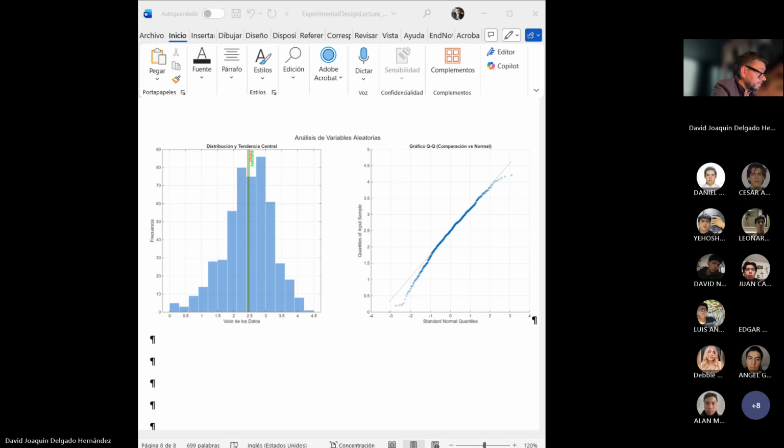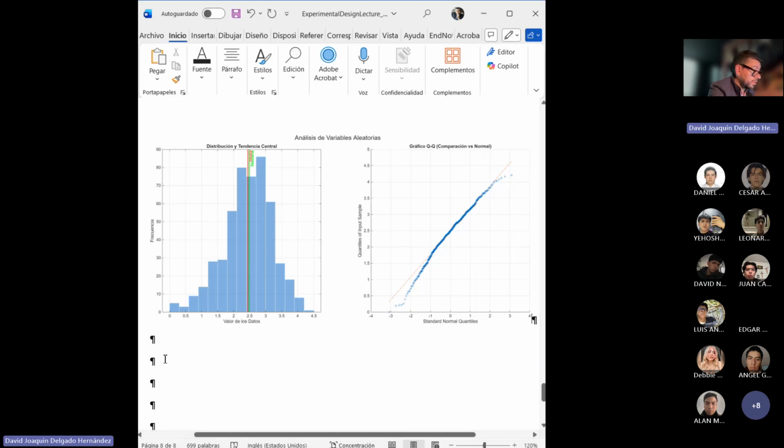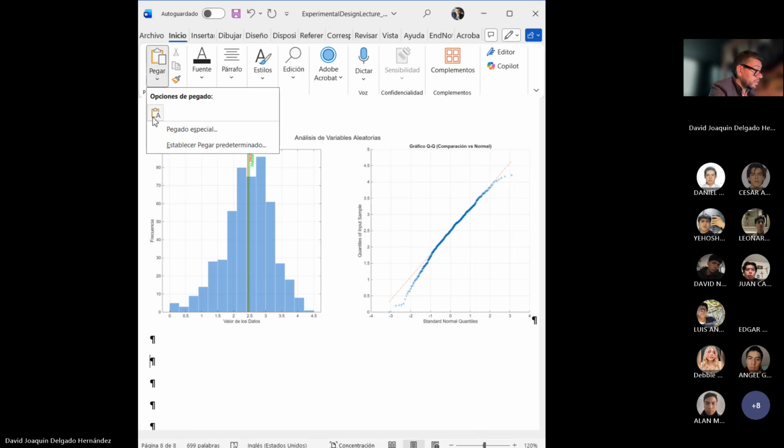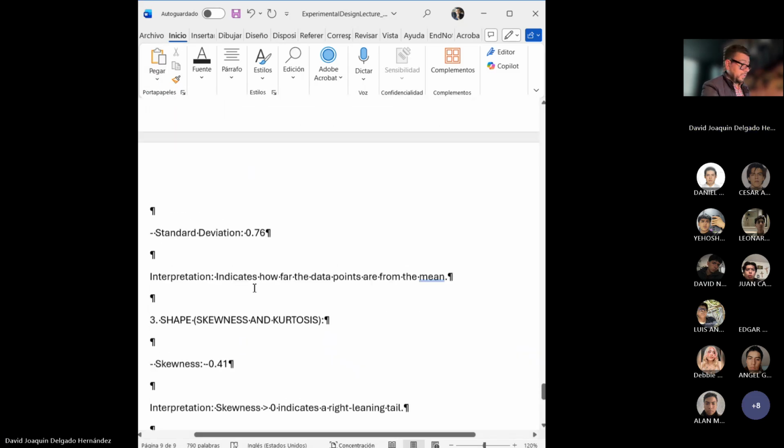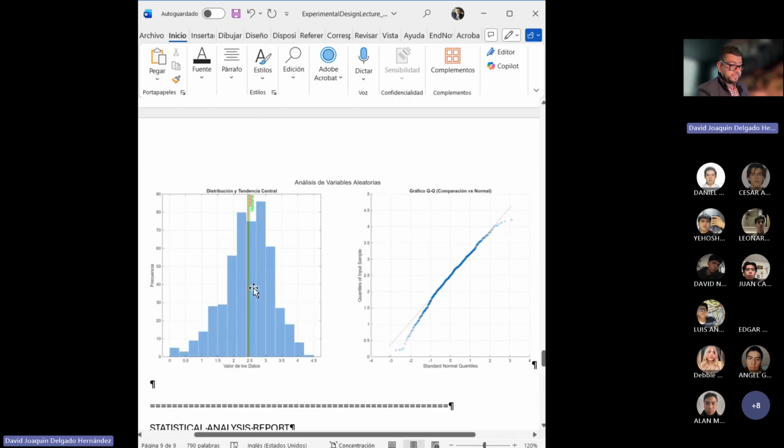I'm going to put here the results. Okay. So look now. Now the tail is on the left, okay?